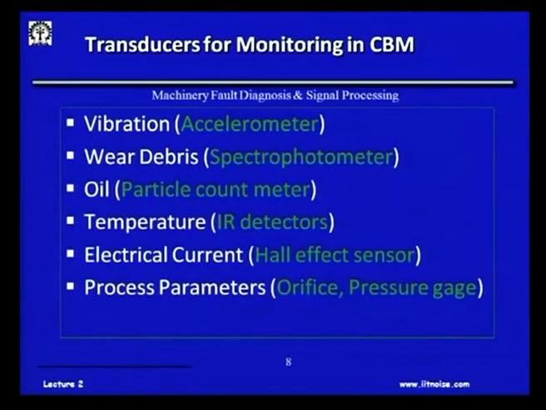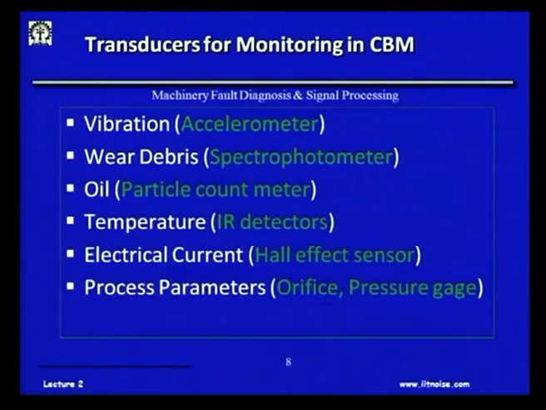For vibration it is the accelerometer, and for wear debris it is the spectrophotometer, because as I was telling you, wear debris falls off a parent material. By knowing the chemical composition of the wear debris and comparing it with the chemical composition of the parent material, I can very well know which component has worn out, and because of which this particle has got deposited in the lubricating oil.